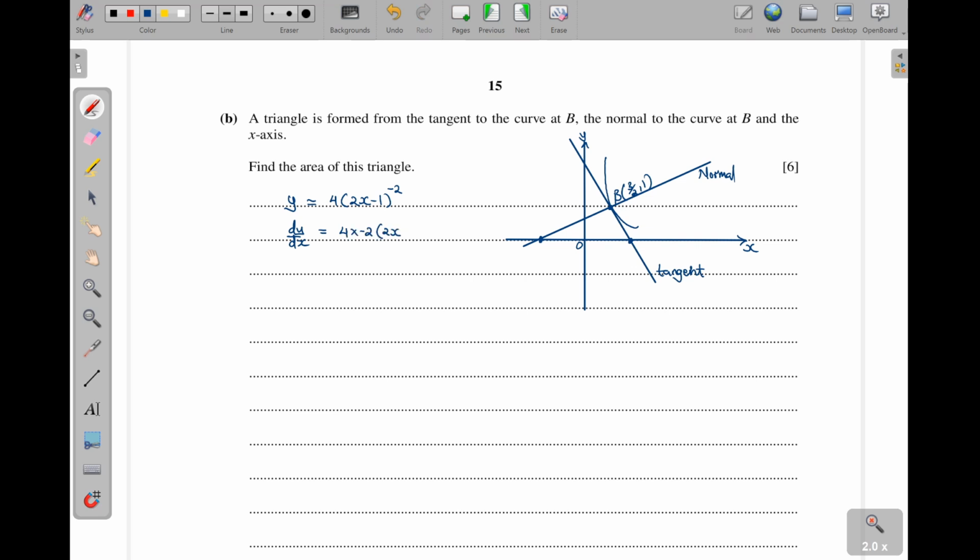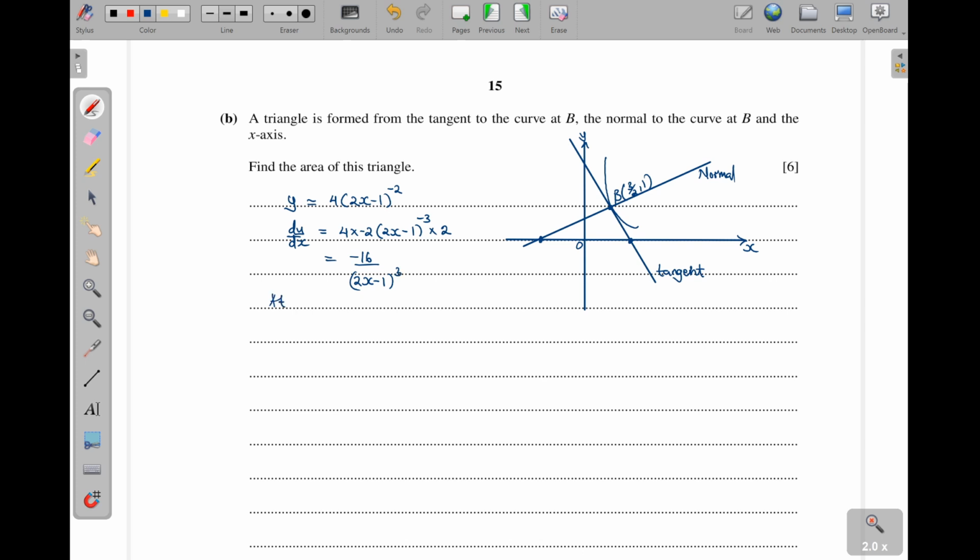Then we have the 2x minus 1, then reduce the power by 1, then times the derivative of what is inside here, using the chain rule. So that will be times 2. Meaning this one is giving us negative 8, times 4, that would be negative 16. Then using rules of indices, I can take this one down, and it becomes 2x minus 1 to the power of 3.